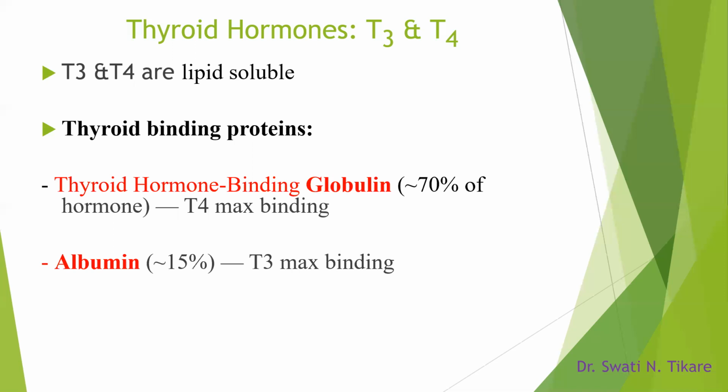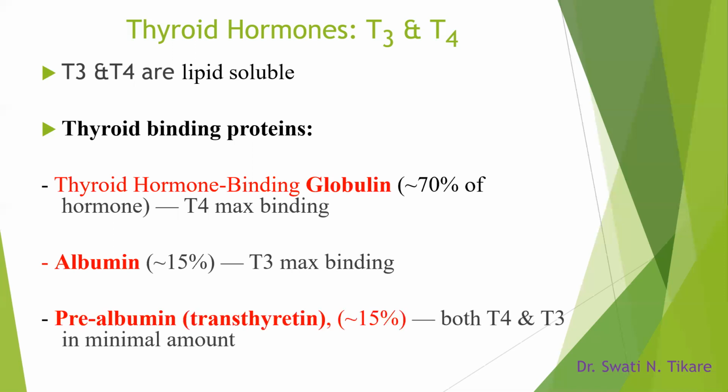The next binding protein is albumin, which is about 15% of all binding protein, and T3 has more affinity to this. Okay, albumin. The last binding protein is prealbumin, also called transthyretin. Again, about 15% of the hormones are bound to this. Both T4 and T3 have minimal affinity to this binding protein.